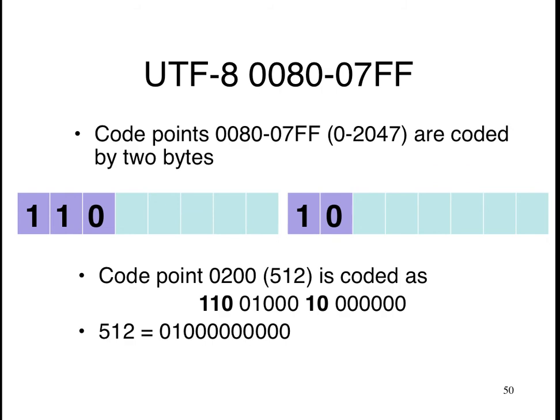And the important point here is that the payload is marked here across these bits. So although we're using 2 bytes and we're using 16 bits, we're only using 11 of those bits for data. So the 110 that marks the beginning of the leading byte and the 1 and the 0 that marks the beginning of the continuation byte, they're completely ignored, and we get the information we need from the remaining bits.